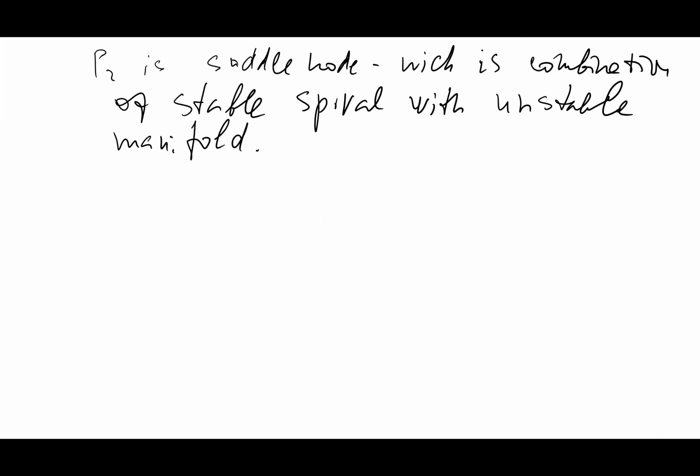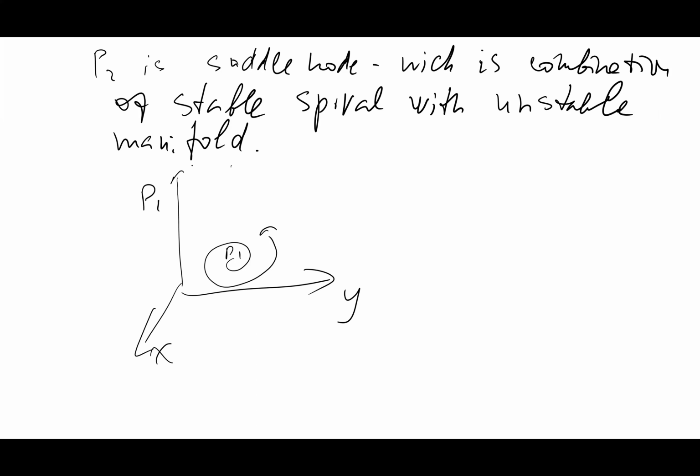So okay, so what now? Let's check it. I will just sketch how it looks. P1 was a combination of a stable manifold with an unstable spiral. So for example, this is an unstable spiral, and here somewhere we have P1. This is X, Y, Z. But there is, on the other hand, a stable manifold. So this is P1.